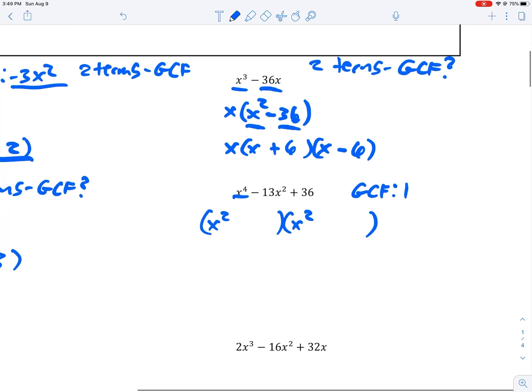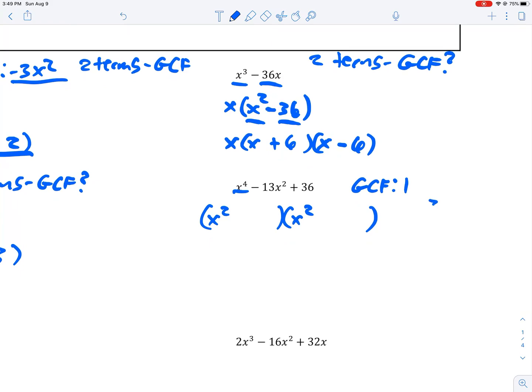Okay. Now, what are the multiples of 36 that will add to give you 13? Well, let's see. 1 and 36, 2 and 18, 3 and 12, 4 and 9. 4 and 9 will make 36 when you multiply, and they can make 13. So 4, 9.